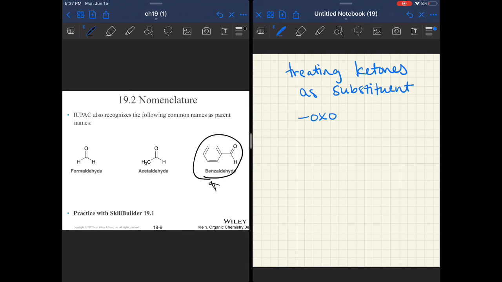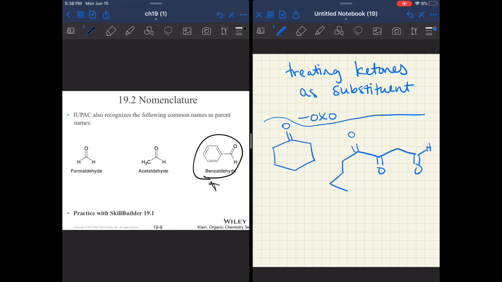So for instance, we're going to name a couple of things here. Then let's do an aldehyde. Put a couple of ketones on it. Okay. This is really the one I wanted to do.